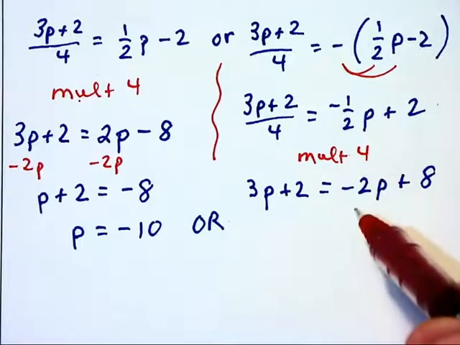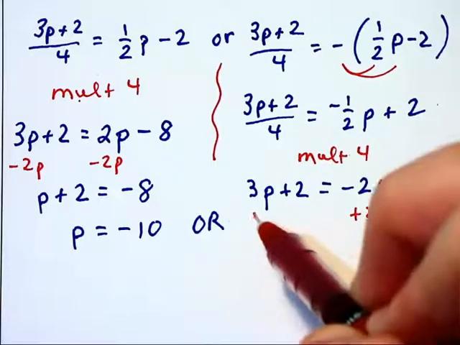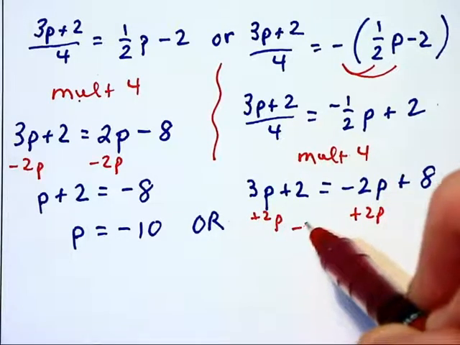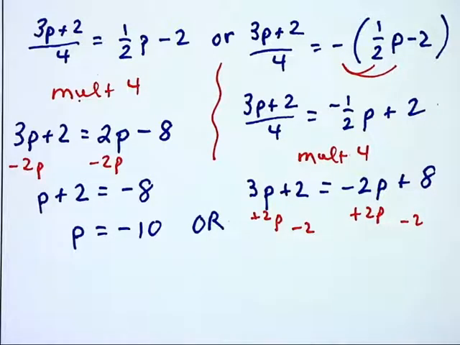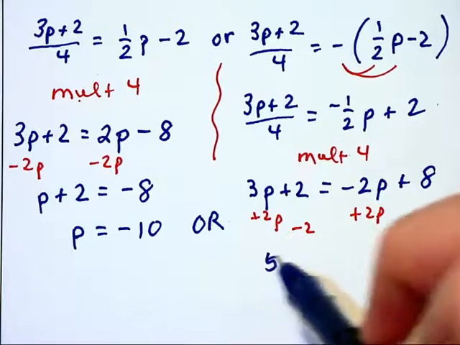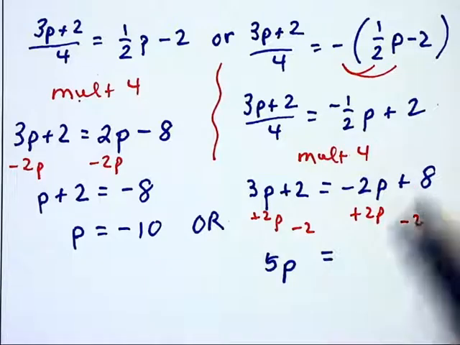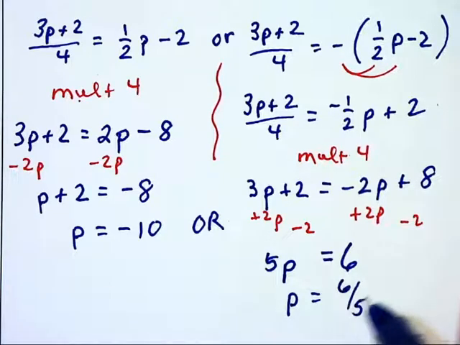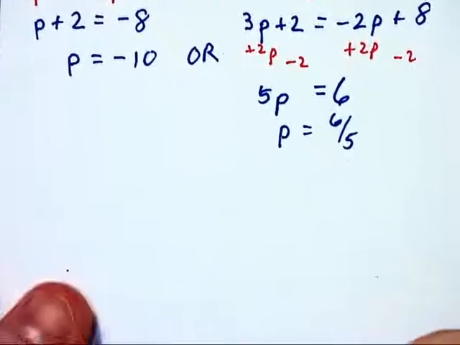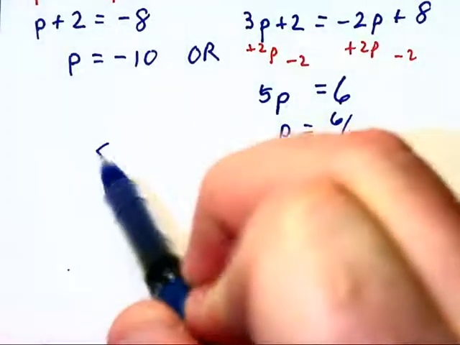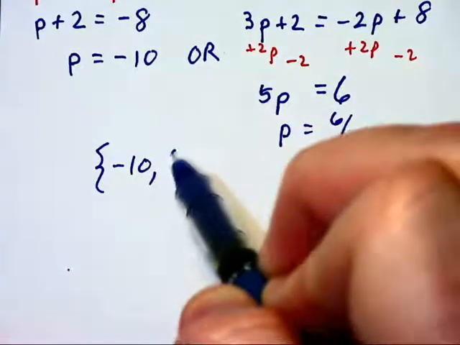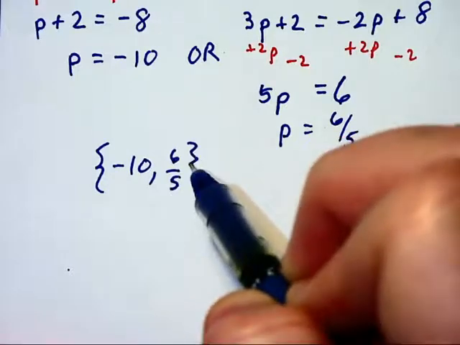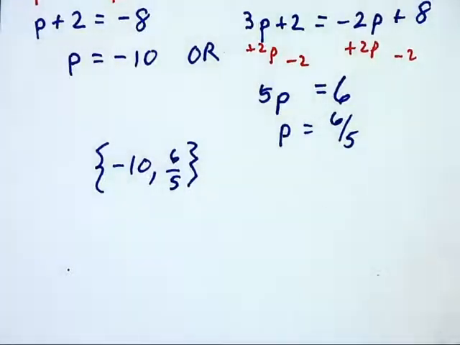I'm going to then add 2p to each side, and while I'm at it, I will subtract 2 on each side, and that will give me 5p is equal to 6, and p is equal to 6/5. So our solution set for this problem is the two values -10 and 6/5, both of which will check if you substitute them into the original equation.